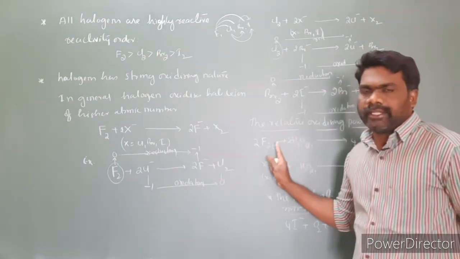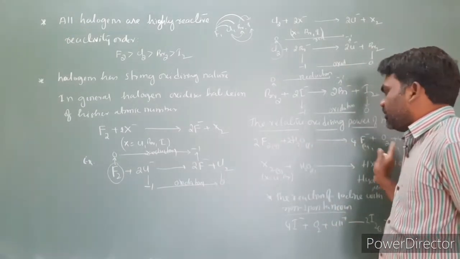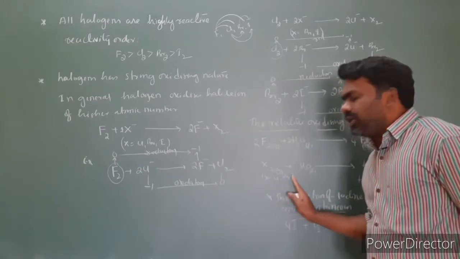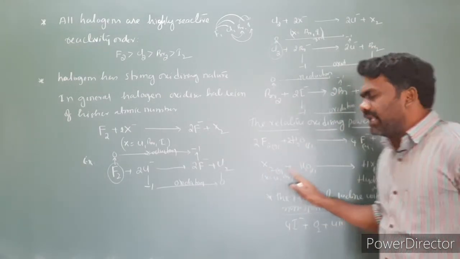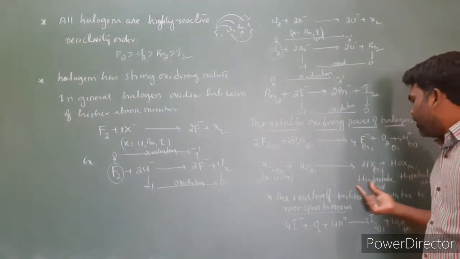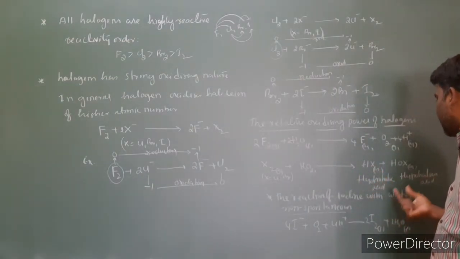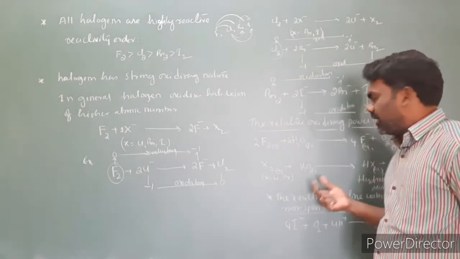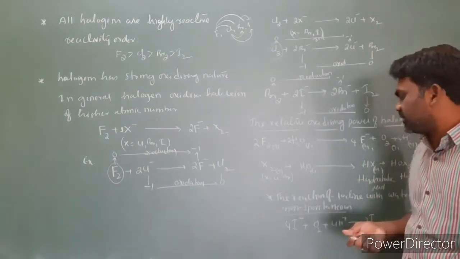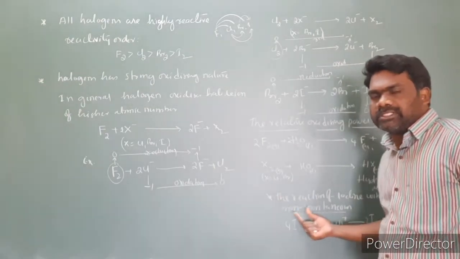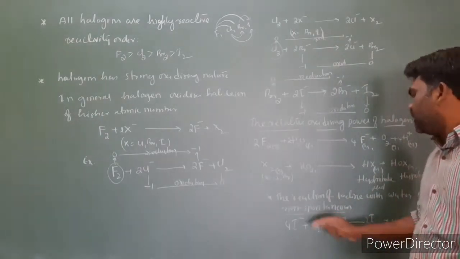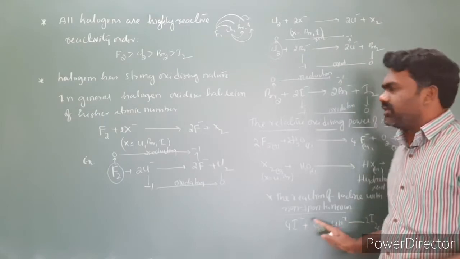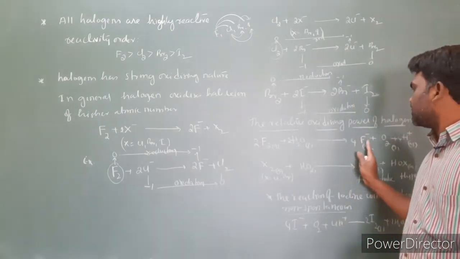Chlorine and bromine do not oxidize the water, but they will react with water forming hydrohalic acid and hypohalous acid. The reaction of iodine with water is non-spontaneous. The reaction is not possible. The reverse reaction is observed, what we observed in the case of fluorine.